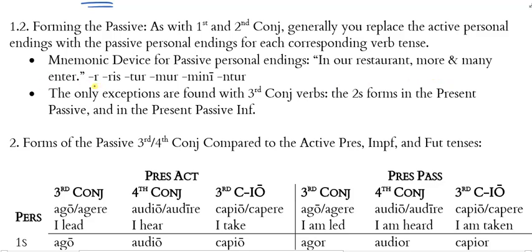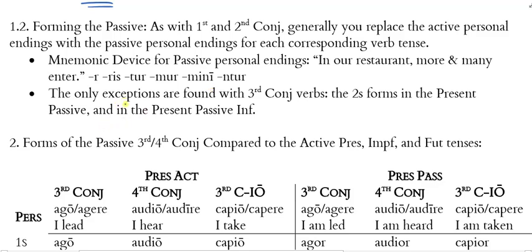The word "in" is added to the personal endings in the passive just to create a sentence. So: in our restaurant, more and many enter. Hopefully that memory device has helped you keep those passive personal endings in your mind and distinct from the active ones.